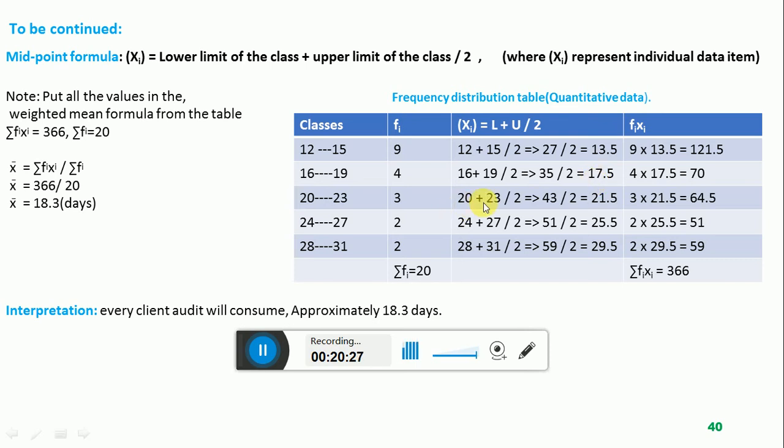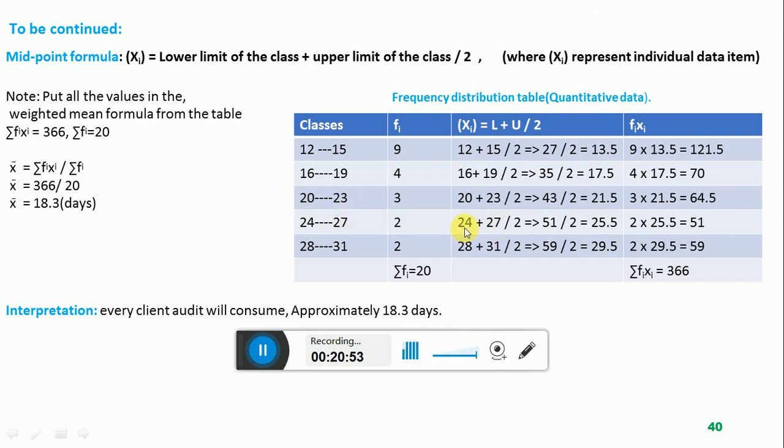Now the data item for the third class: lower limit of the class is 20 plus upper limit of the class 23, whole divided by 2. This implies 43 divided by 2 is equal to 21.5. So the data item for the third class is 21.5. Again, lower limit of the fourth class 24, upper limit 27.